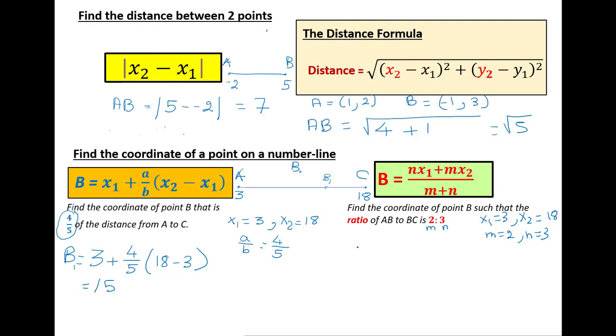I just substitute in the rule. So B is equal to n, which is the second one, times the first coordinate, which is x1, plus m, which is the first one, multiplied by the second coordinate, which is 18, divided by the sum of the two ratios, which is 2 plus 3, which is 5. And this will result in 9.